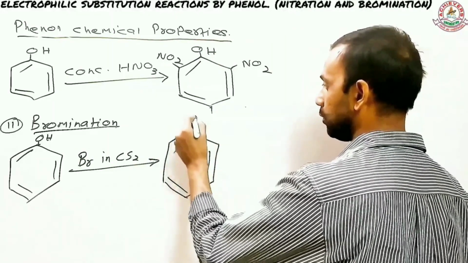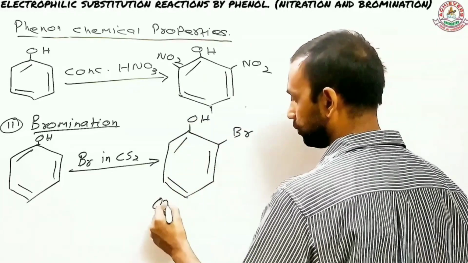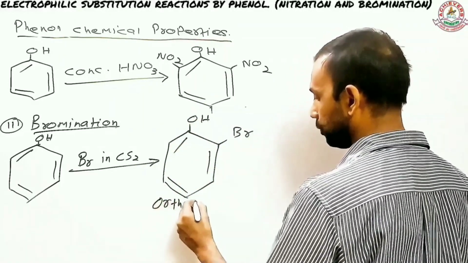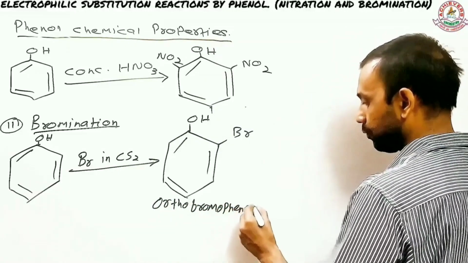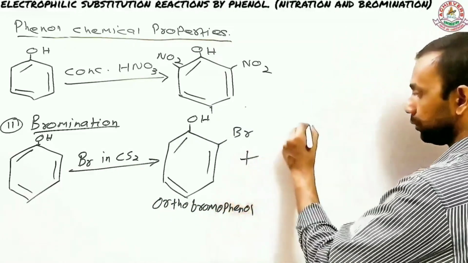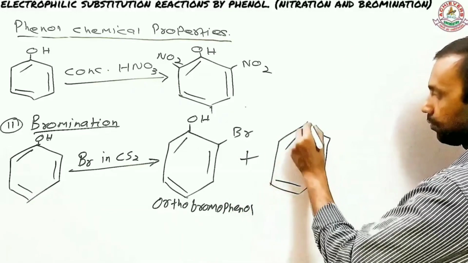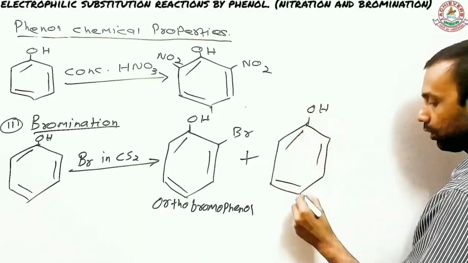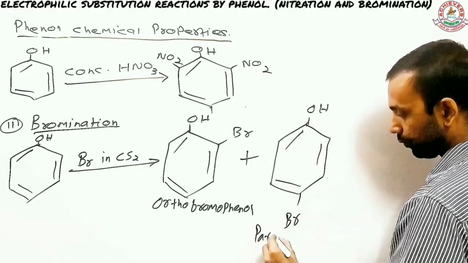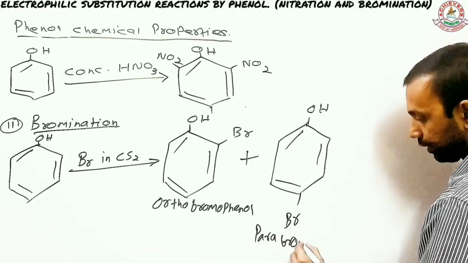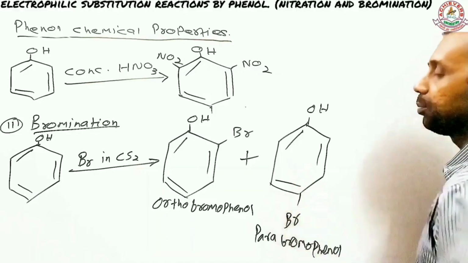The first product, this one, is called ortho bromophenol, but another one, which you probably know, is this one. This is called para-bromophenol. So the reaction takes place in the same manner.